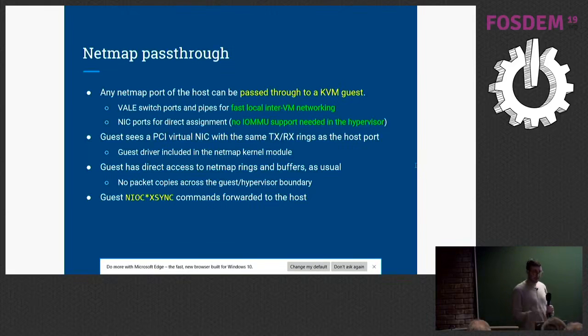And again, there is no overhead in terms of copying, because the guest has direct access to the buffers and the rings of the real port. So you can do basically zero copy from within the virtual machine. Any sync commands are basically forwarded to the host.